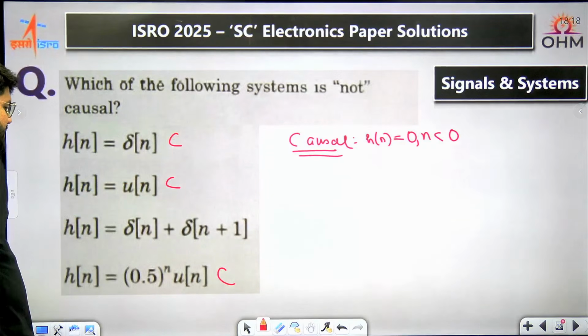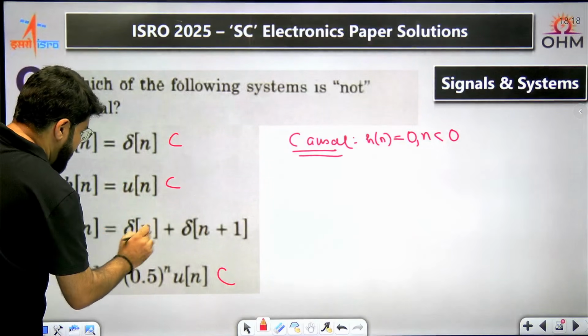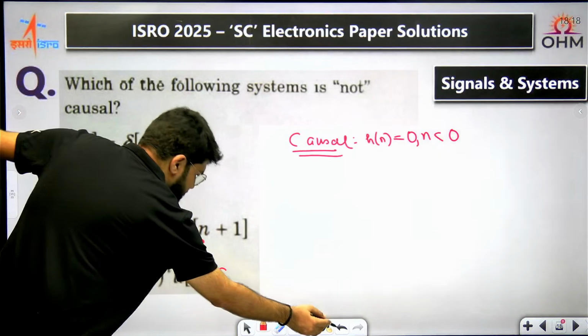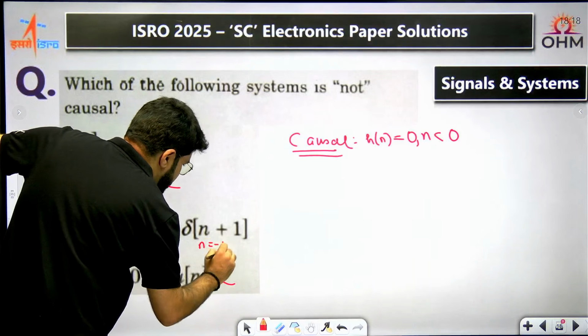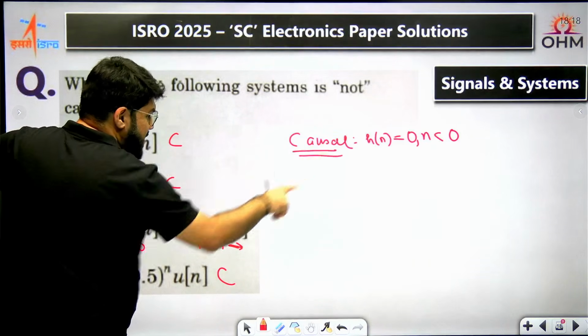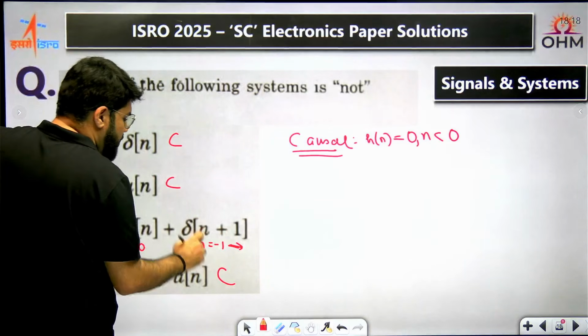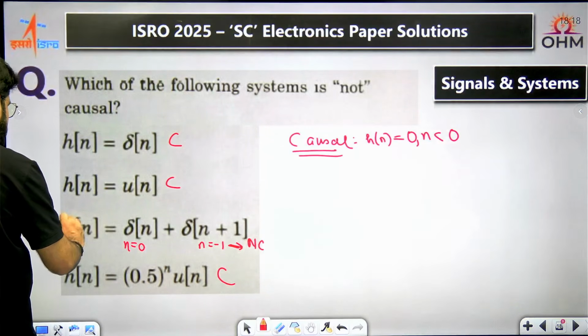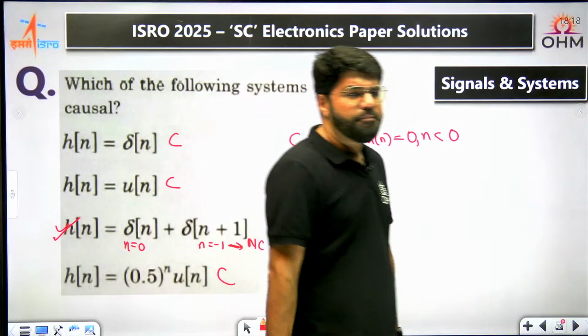It cannot come to n less than 0. δ[n + 1]: δ[n] is an impulse at origin, δ[n + 1] is a left shifted impulse available at n equal to minus 1. That means h[n] will be not equal to 0 for one negative value of n, so that makes the system non-causal. So which is non-causal? Option number C.